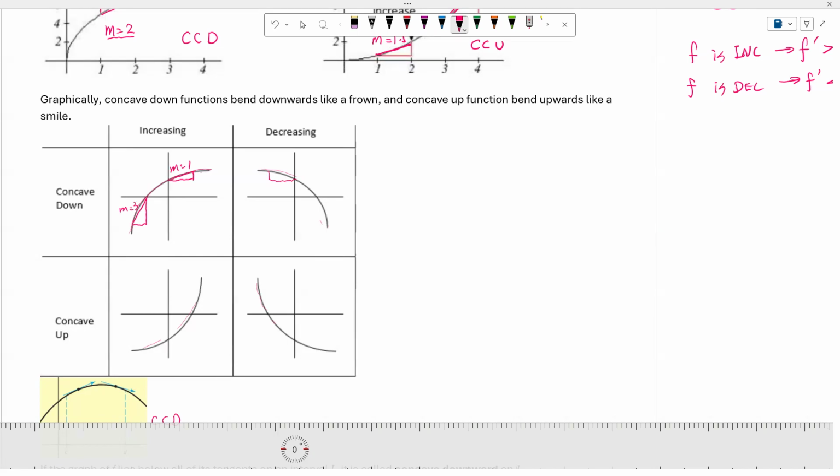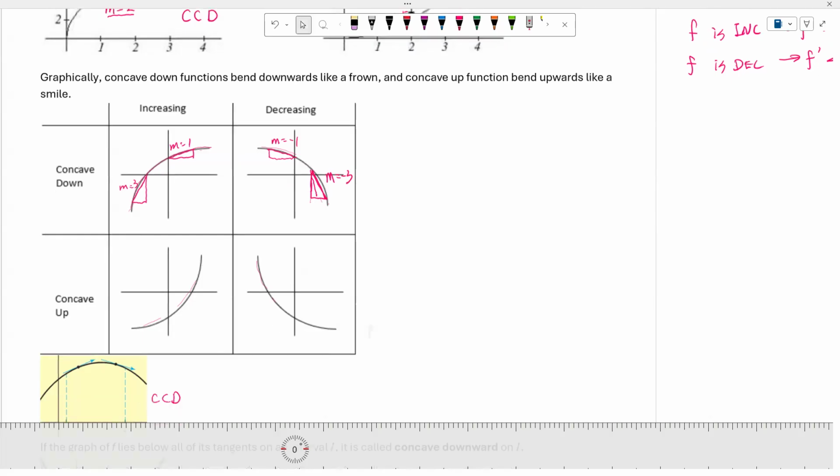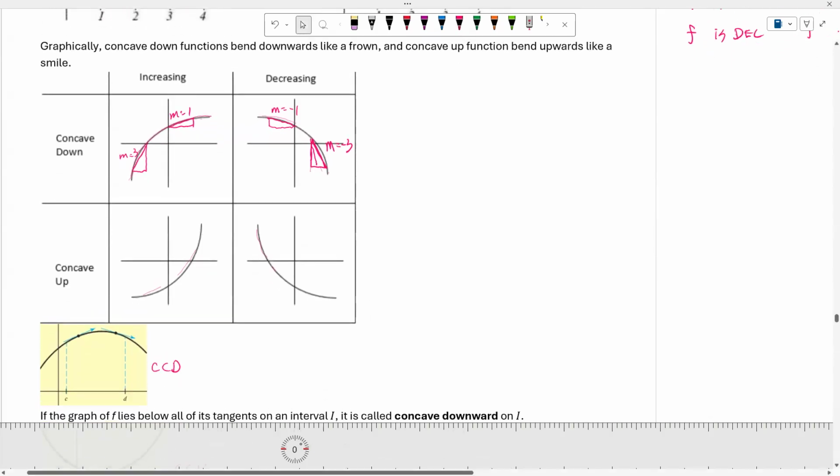Here the slope is -1, and here the slope is about, we go down by 3 units, 1 by 1, so it's about -3. So we're changing from -1 to -3. Again, the rate of change is decreasing, right? How about this one?